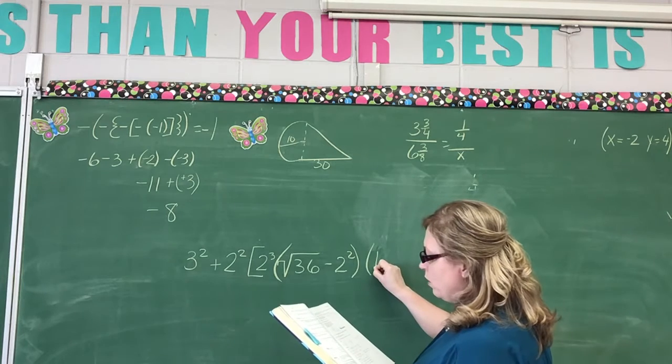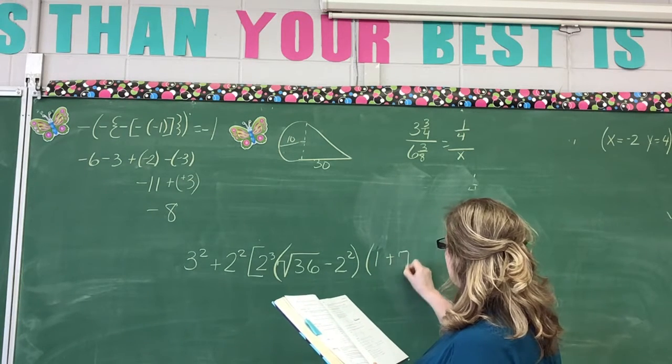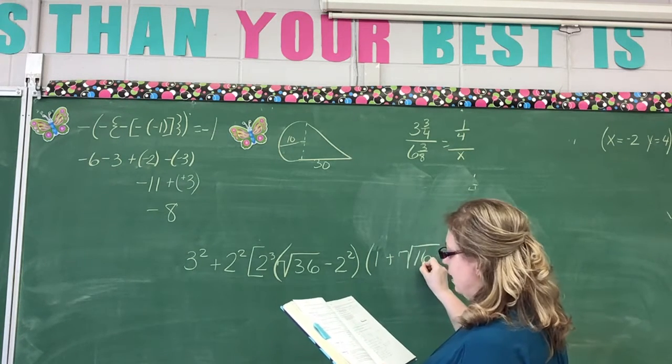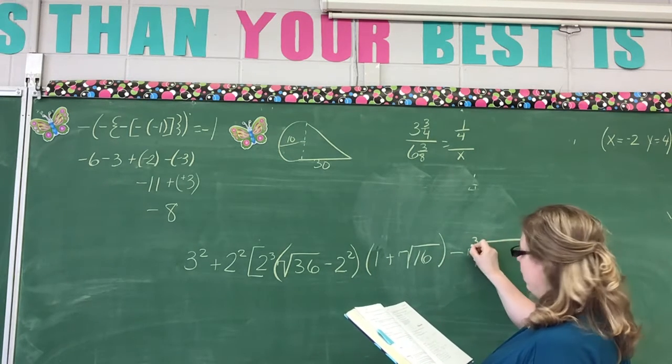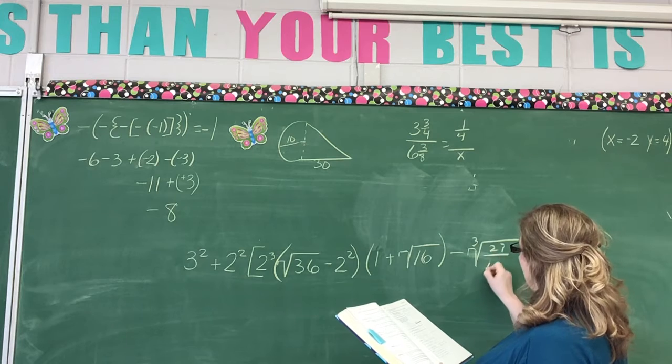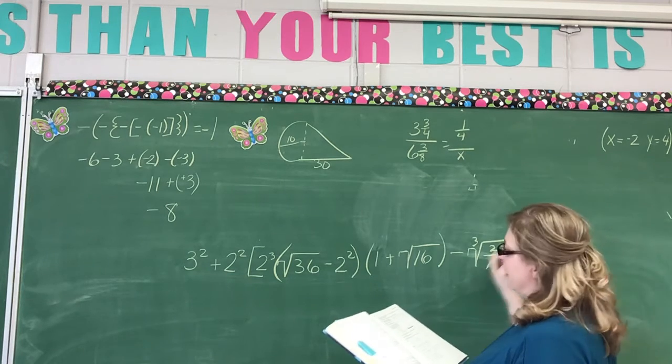Please write this down. 1 plus the square root of 16, parentheses, minus the cube root of 27 over 125.